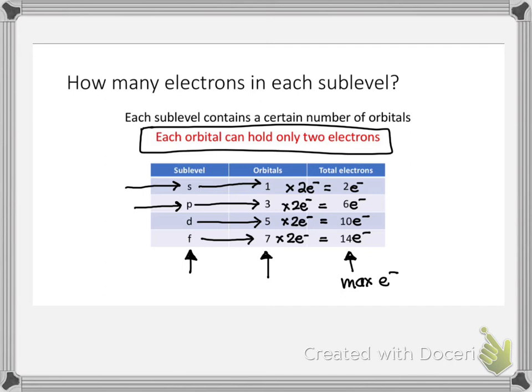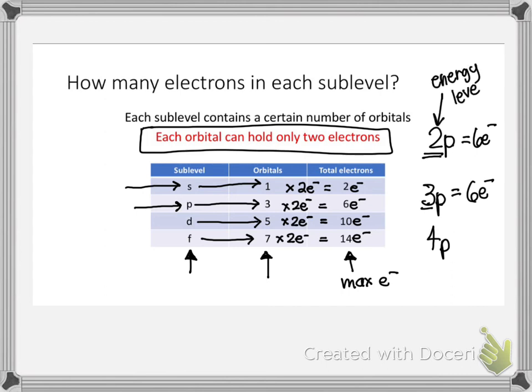Notice it doesn't matter what energy levels you're in. So if you are in the second level in the P's, that can hold 6 electrons. If you're in the third level with the P's, that can hold 6 electrons. If you're in the fourth level with the P's, this is not 3 P orbitals. This is the level, the energy level.